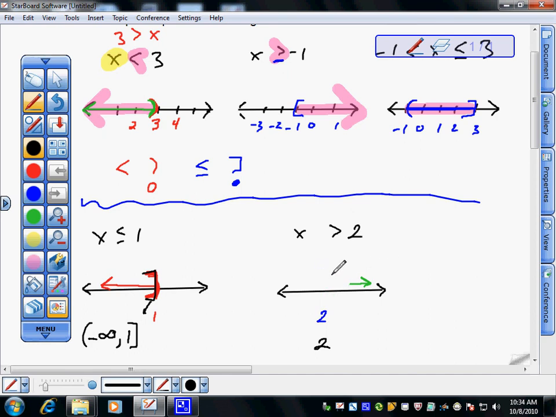This should have been a parenthesis, because there's no inclusion. So this established that this was a parenthesis, and the other established that that was a bracket. So with my parenthesis, as I'm writing my interval notation, this is from 2. It's where I start coloring, if you will, and I stop coloring when? I don't ever stop. I keep going off and off to infinity.